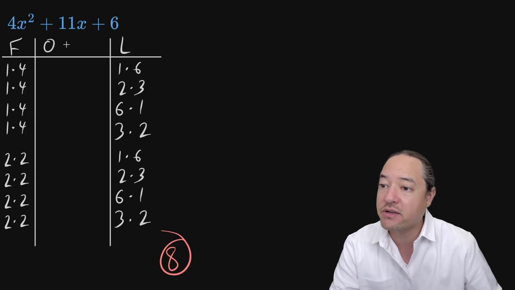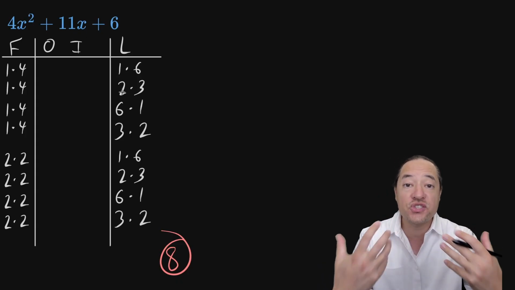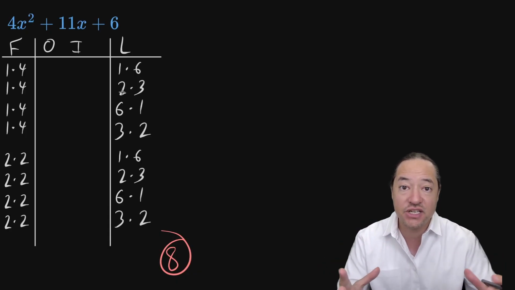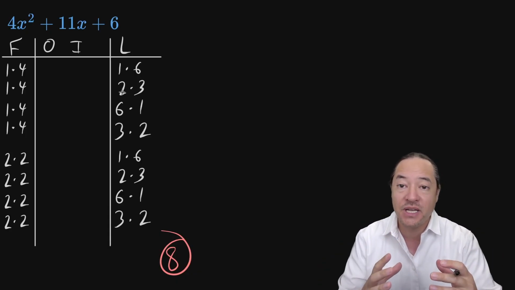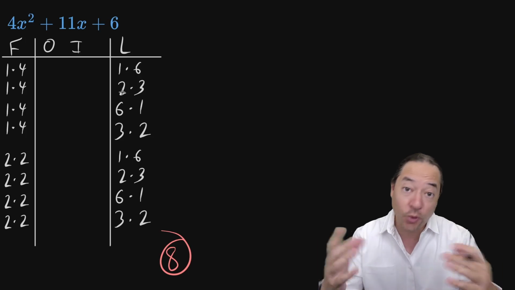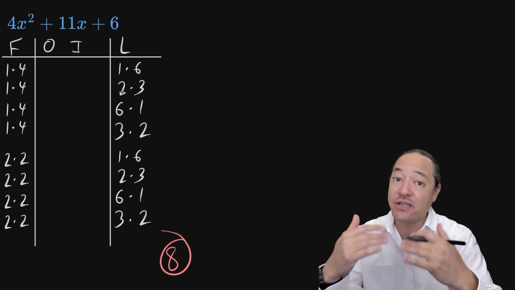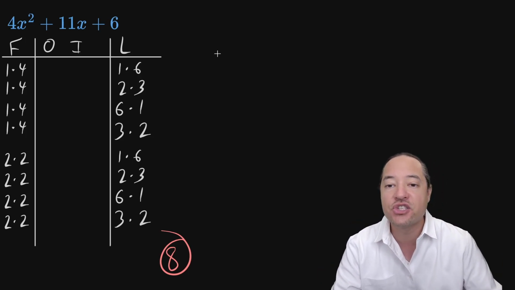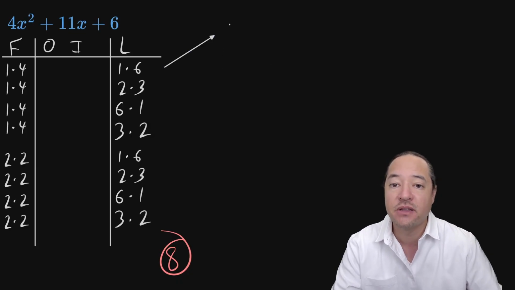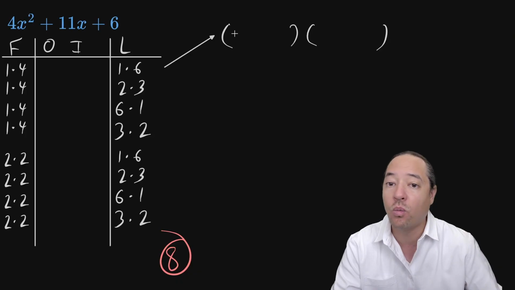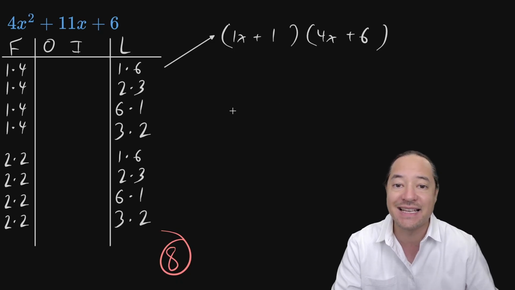essentially think about the outer times the outer and the inner times the inner. We're reverse foiling, right? We're taking these combinations and we're going to foil them together and see if we can get the original expression. So the idea is that if we take this original one here, this is telling us to try a combination of 1x and 4x as the first terms, plus 1 and plus 6 as the last terms.